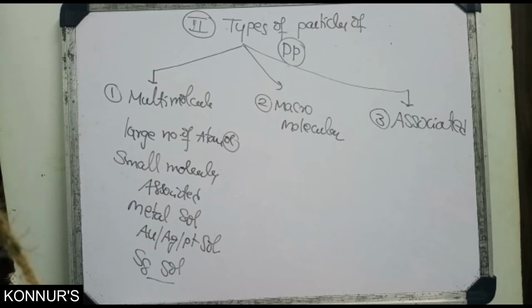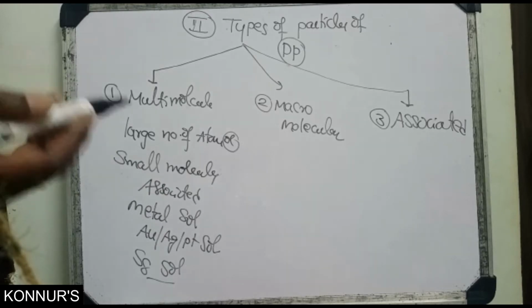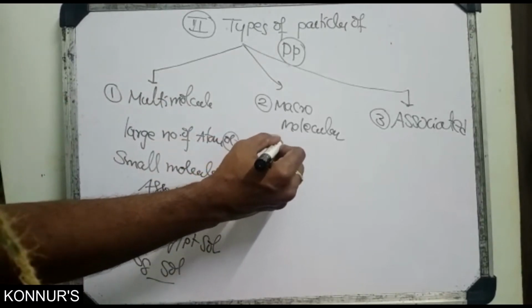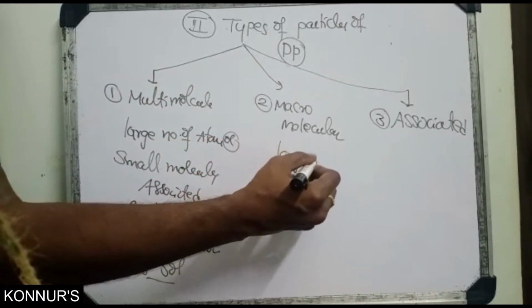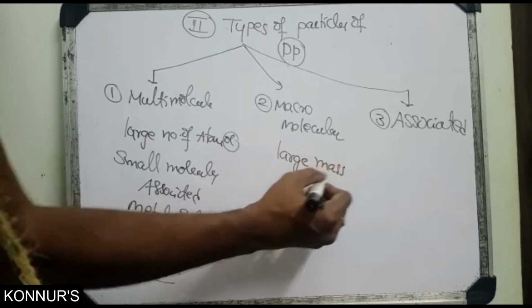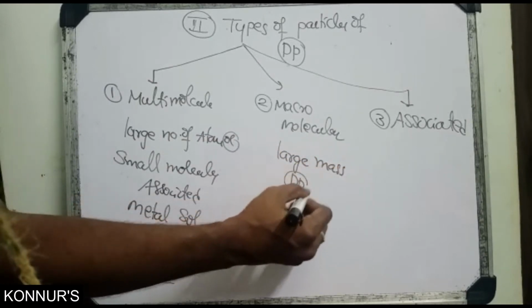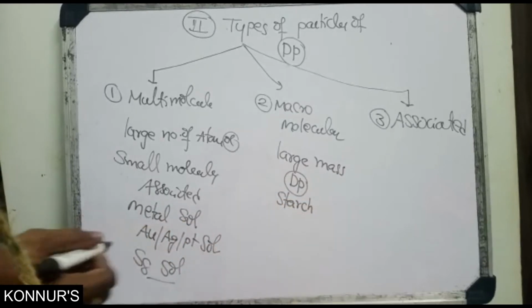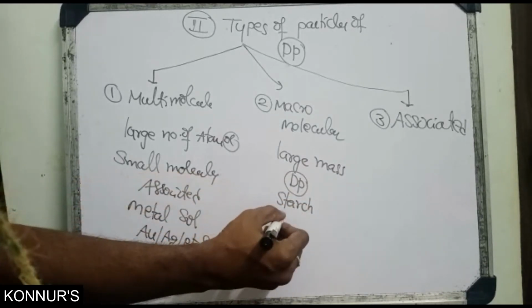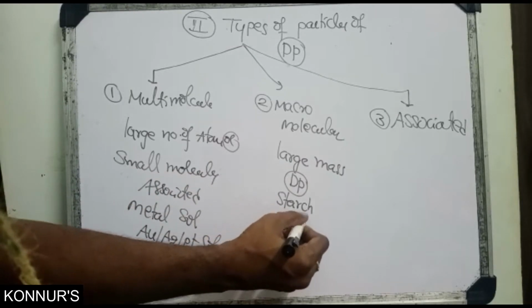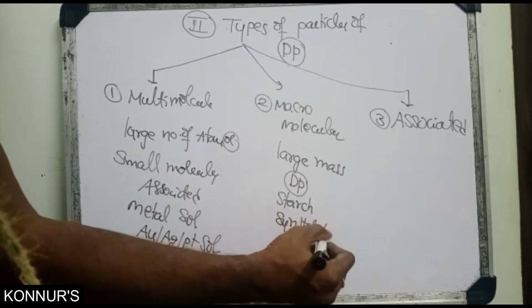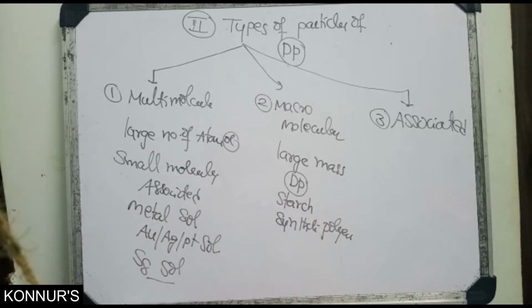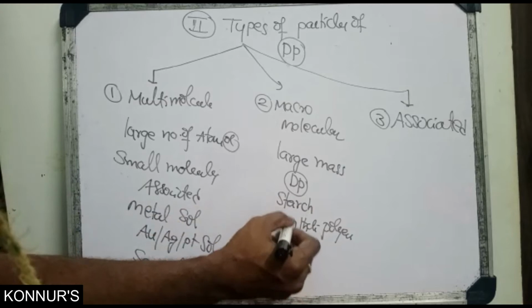Next, macromolecular. Macromolecular means a large mass of the dispersion phase. The best examples are starch, otherwise polymers, synthetic polymers dissolved in a suitable dispersion medium.